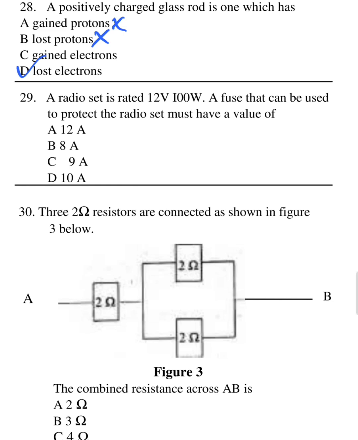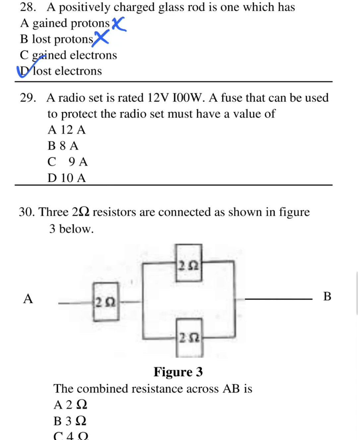In number 29, a radio set is rated 12 volts, 100 watts. A fuse that can be used to protect the radio set must have a value of... So in the case of calculating the fuse value, the first thing is to calculate the current that would be taken by the appliance.